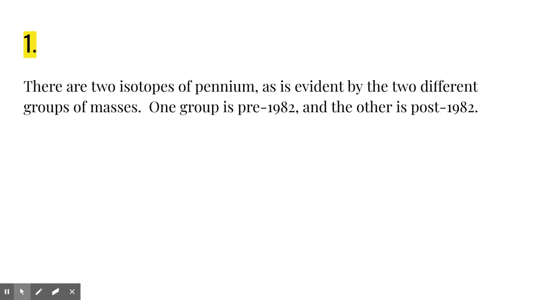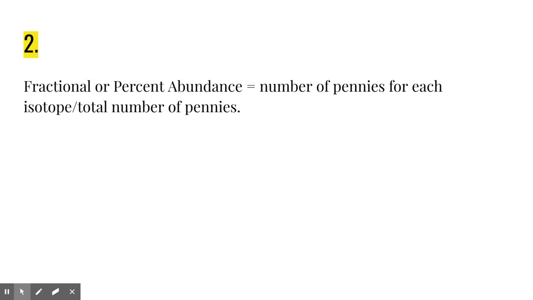Calculation number 2 wants you to calculate the fractional abundance of each isotope that you have in your sample. So this is the formula that you have to determine your fractional, or I like to use percent abundance of your pennies. So you need to look at overall. We have two different isotopes.